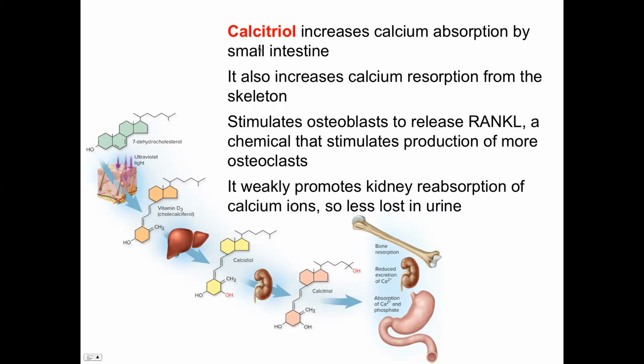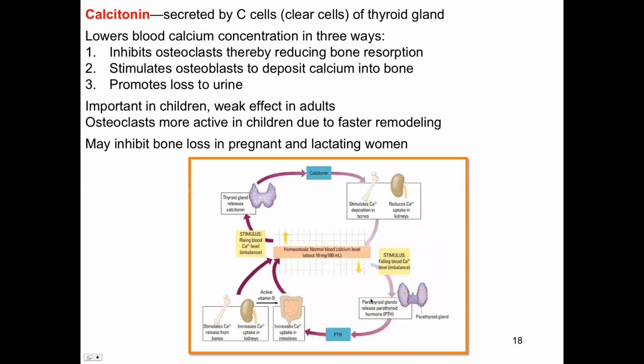So again, what does calcitriol do? Well, it helps to absorb the calcium from the gut, stimulates osteoclast activity by increasing the number of those cells, and helps a little bit to bring in some calcium from the filtrate, all right? Okay, so that's its 3 roles.